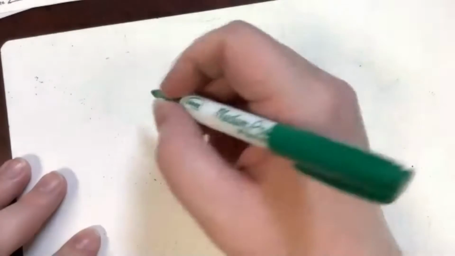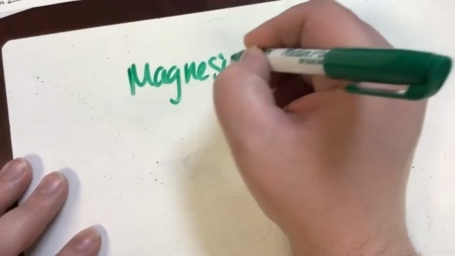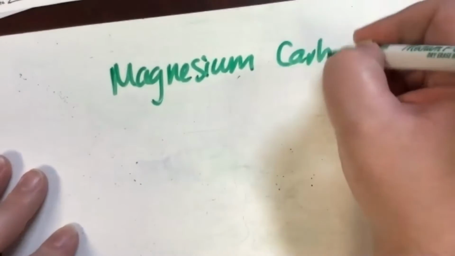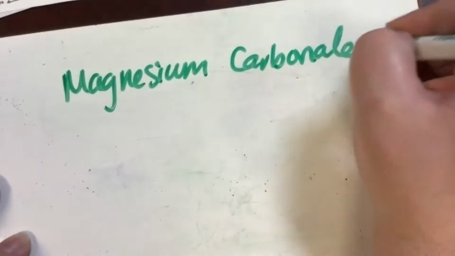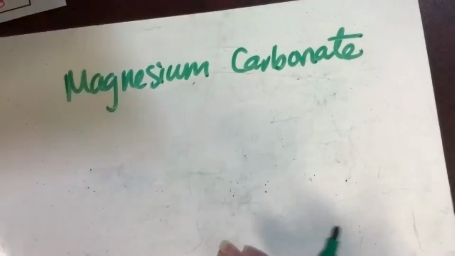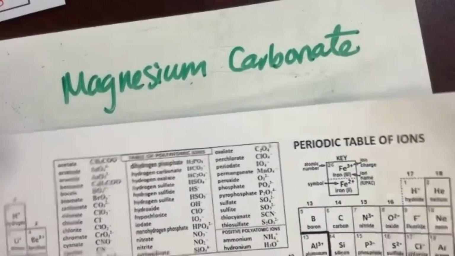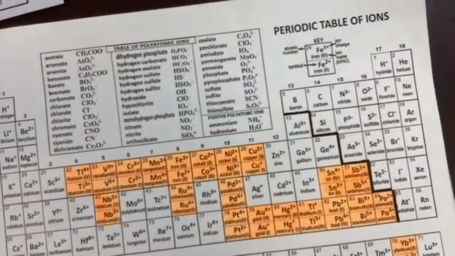All right, next. Okay, so we've already done carbon tetrachloride. Let's do magnesium carbonate. All right, go to the periodic table, magnesium. Now, I already know that this is ionic, and a lot of these, I already know that they're ionic. Here's how I know if it's ionic or covalent. On your quiz, you're not going to have to know this, but on your unit exam in several weeks from now, you will need to know how to tell ionic from covalent.